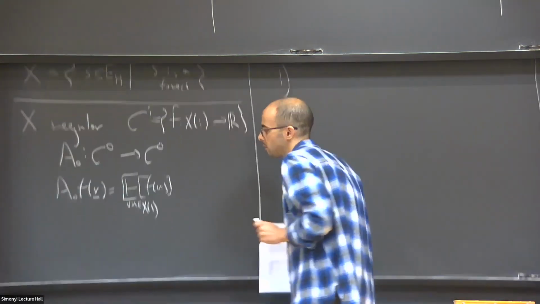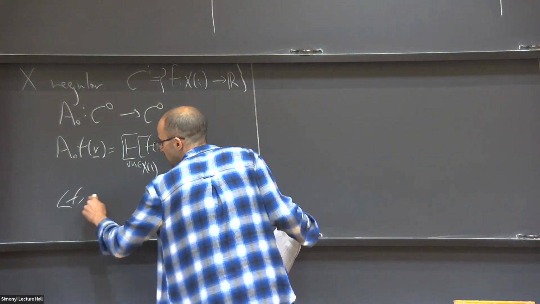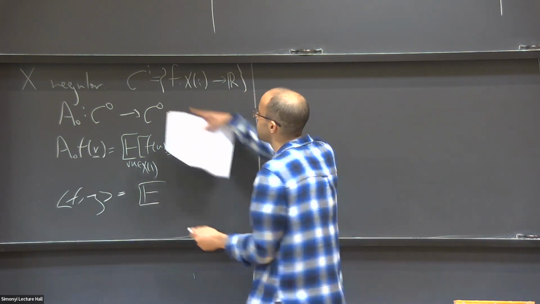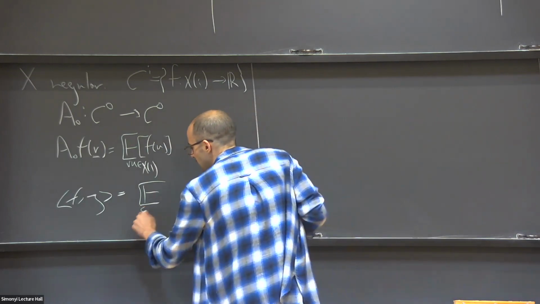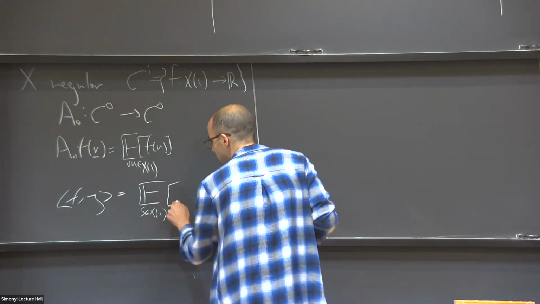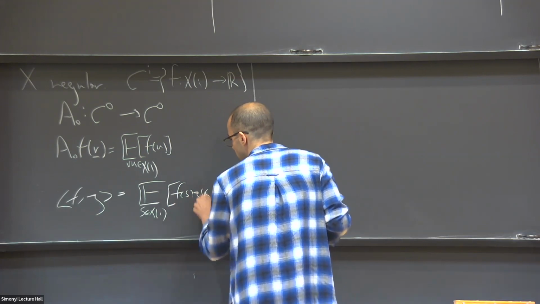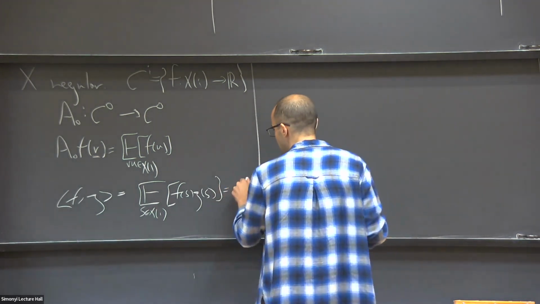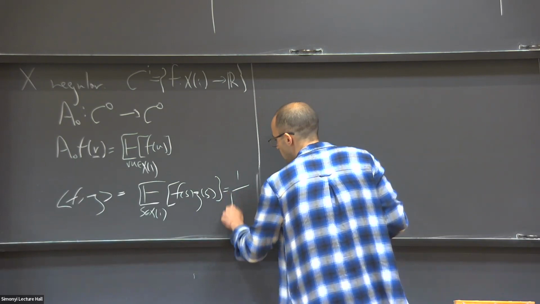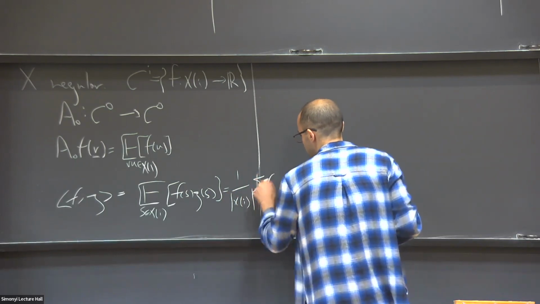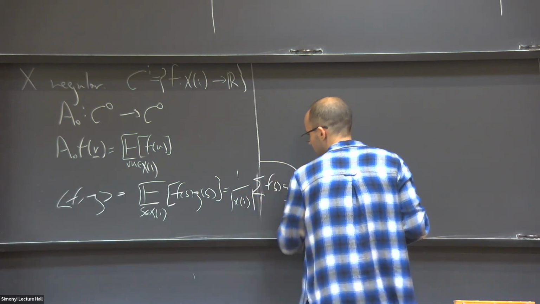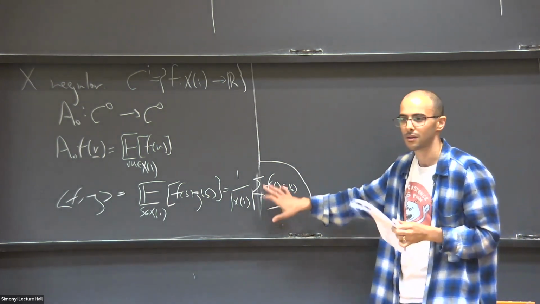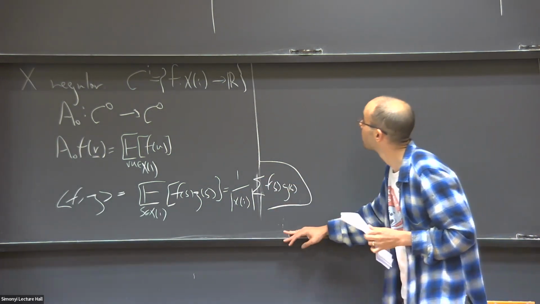Let's think of Ci. If F and G are functions on i-faces, I think of the inner product between F and G as summing over F of S times G of S, where S ranges over the i-faces, and in the regular case this is just 1 over the size of Xi times the sum of all these. In the non-regular case you need to put weights here, but this is not exactly true, so let's stick with the regular case, as I said.